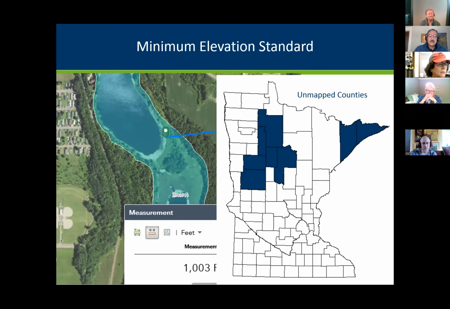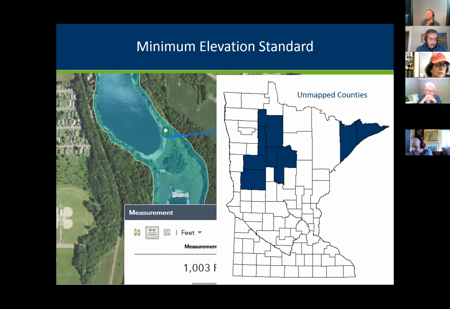Traditionally you can go right outside the floodplain and dig a basement, and during high water events you can get a ton of seepage and a good chunk of basement flooding. Well, the shoreland program doesn't allow that. So it extends those minimum elevation standards beyond just the floodplain district.